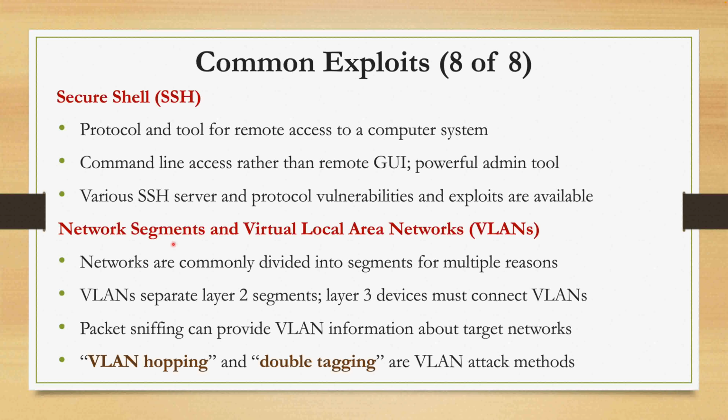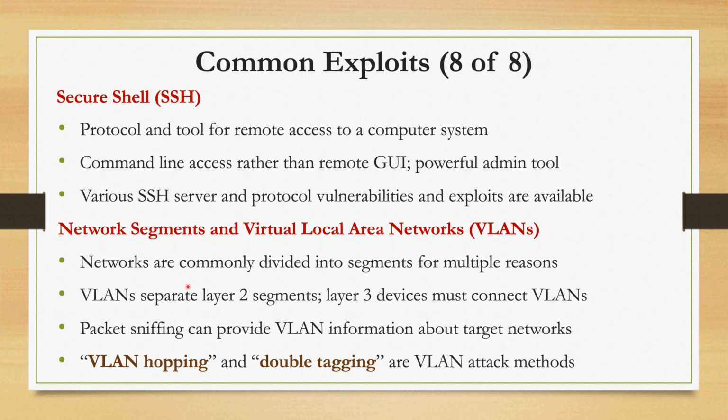Now, for network segmentation and virtual local area networks, this is very important. I mean, every large network must be segmented to separate networks from each other, like if you want to separate the research and development department from other common departments for security reasons.